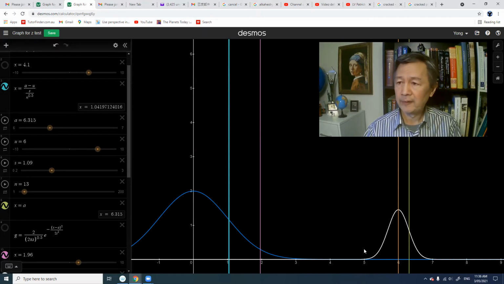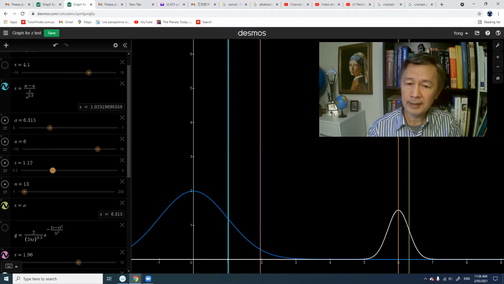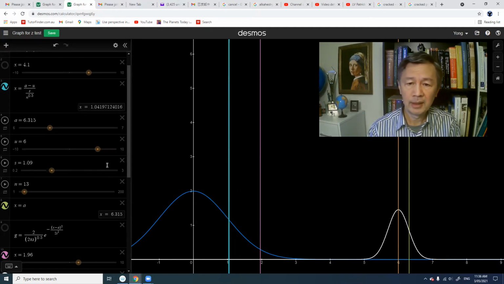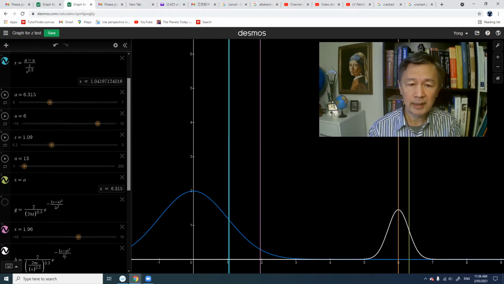The profile of this normal distribution depends on several variables: S, the sample standard deviation, is one of them, and another is the sample size.